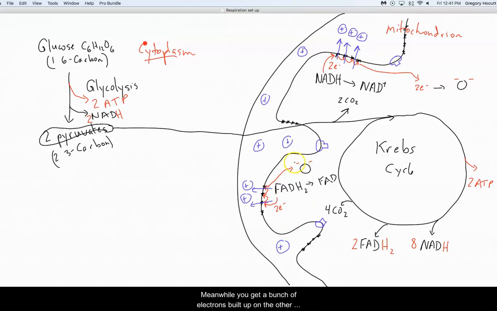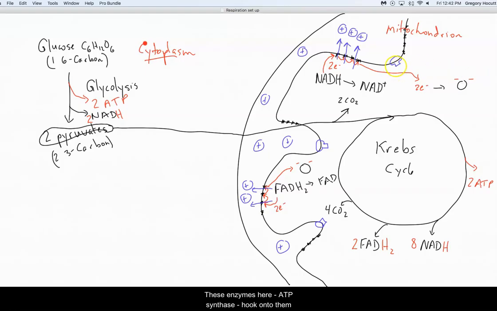Meanwhile, you get a bunch of electrons built up on the other side of the membrane associated with oxygen. So the mitochondrion has built a cellular battery. You've got a positive pole and you've got a negative pole, and now the mitochondrion is simply going to let the battery run.